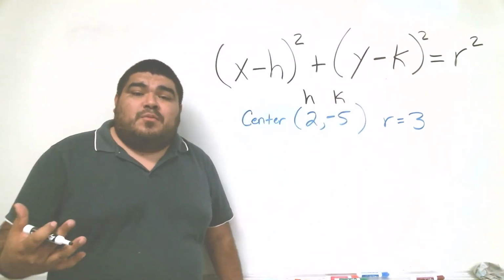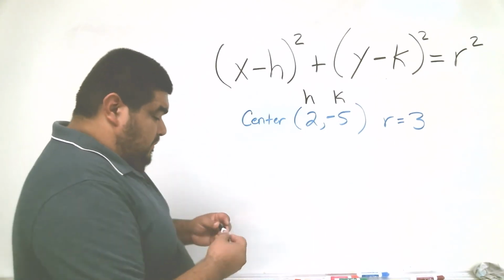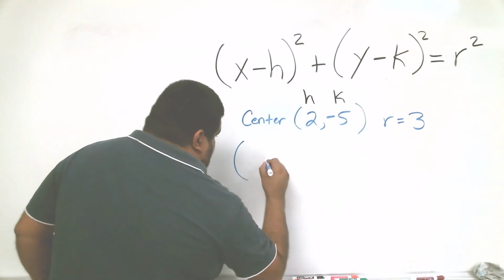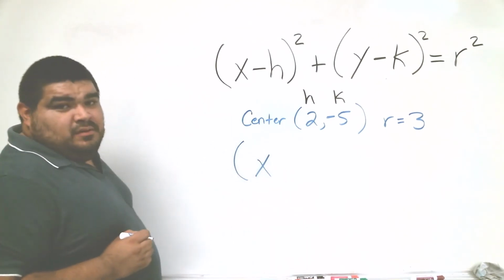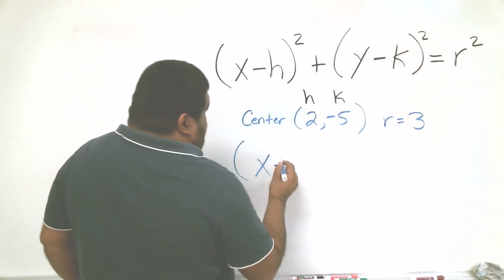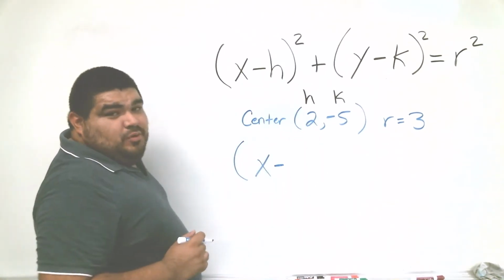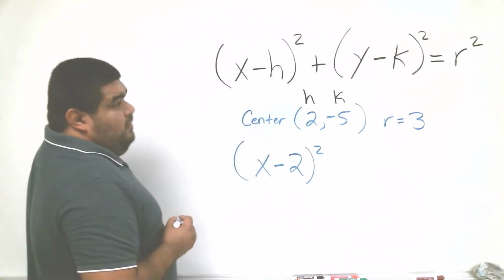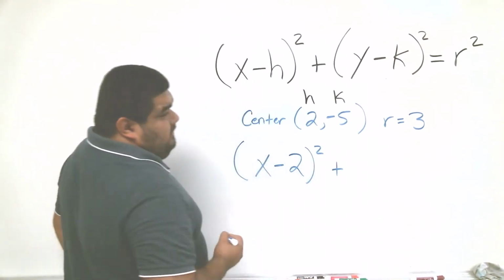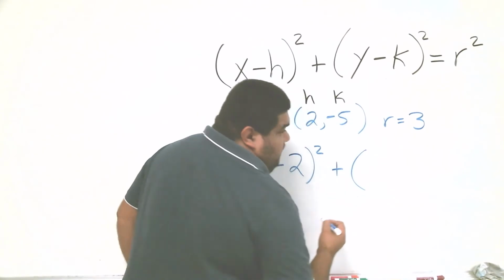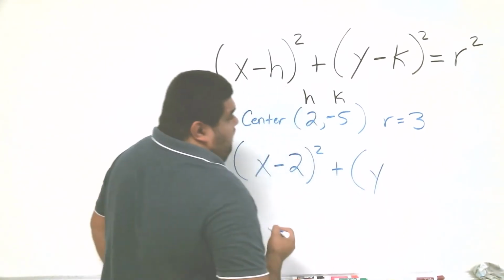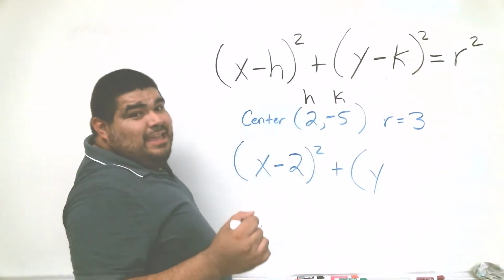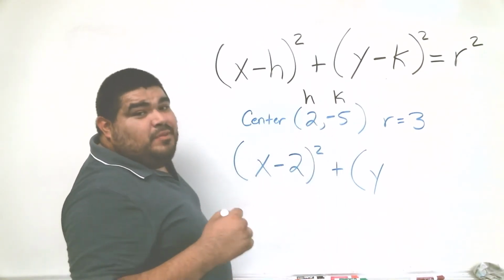Now that we have them, we can actually plug it in. So we can say X minus, remember H is 2, right? 2 squared plus, then we have our other set, Y. Notice that you have a Y from the original equation, you have a negative, and you have a negative from the 5.